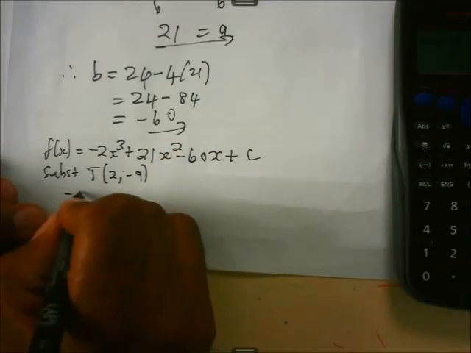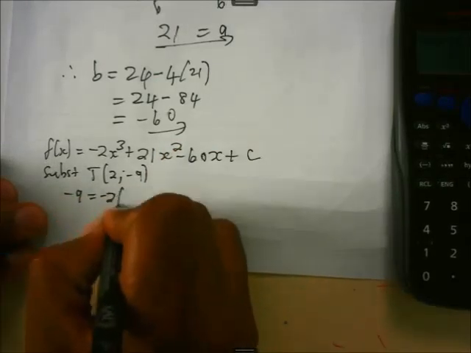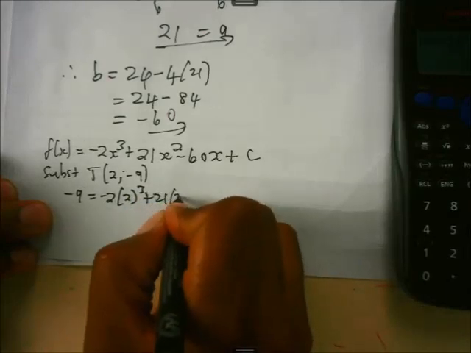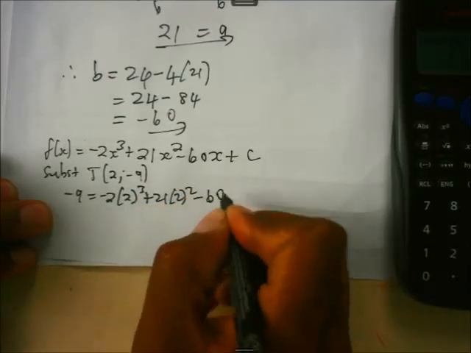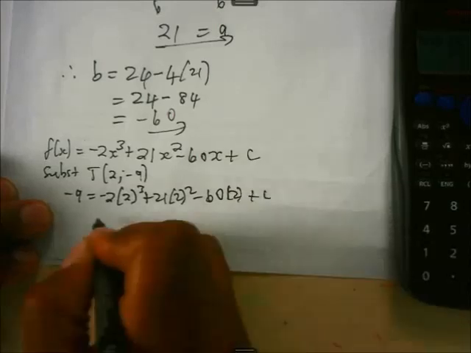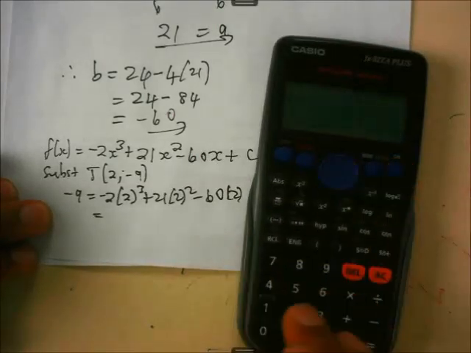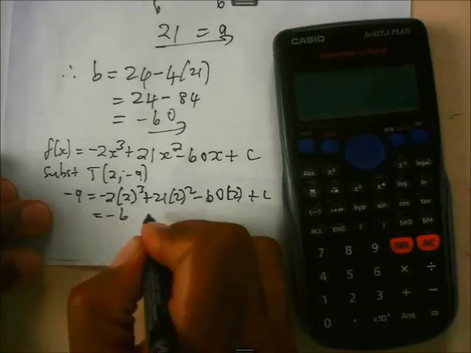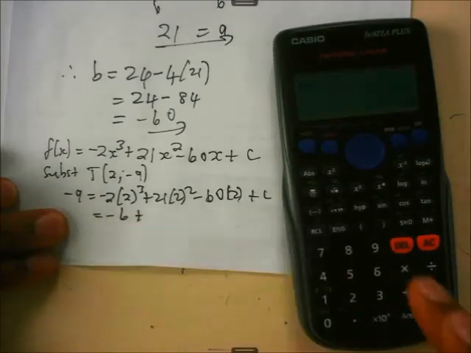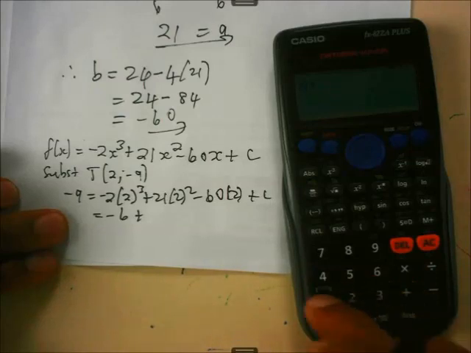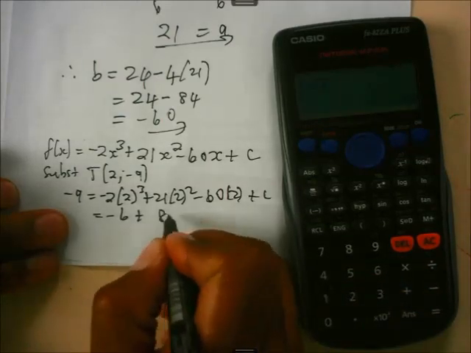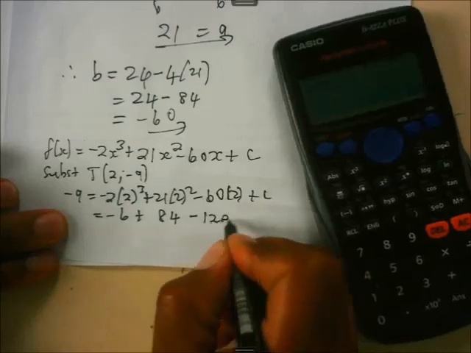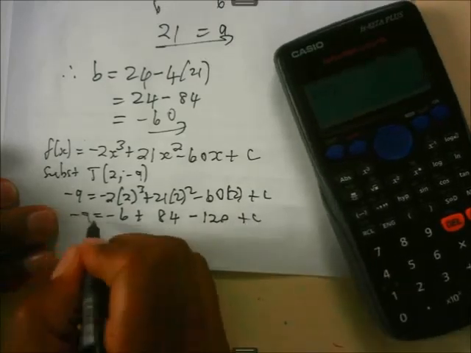Then we have minus 9 is equal to minus 2 into 2 to the power of 3, plus 21 times 2 squared, minus 60 times 2, then plus c. Let us now simplify. That is 8 times minus 2, that will be minus 16 here, plus then 4 times 21, that will be 84, then minus 120 plus c is equal to minus 9.